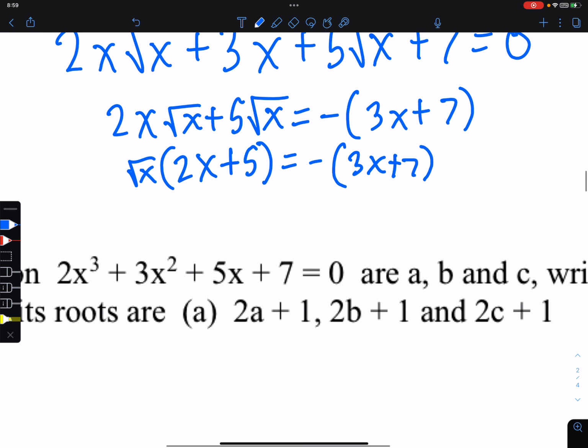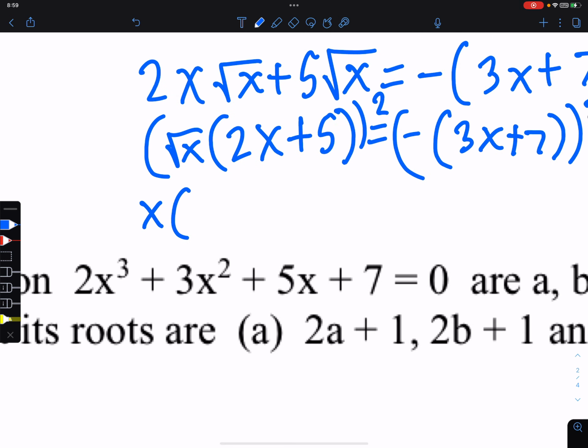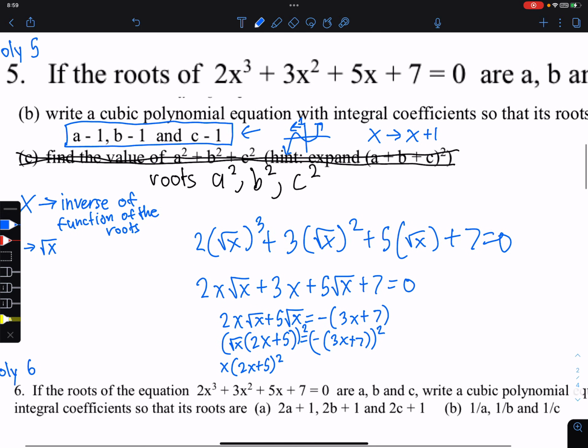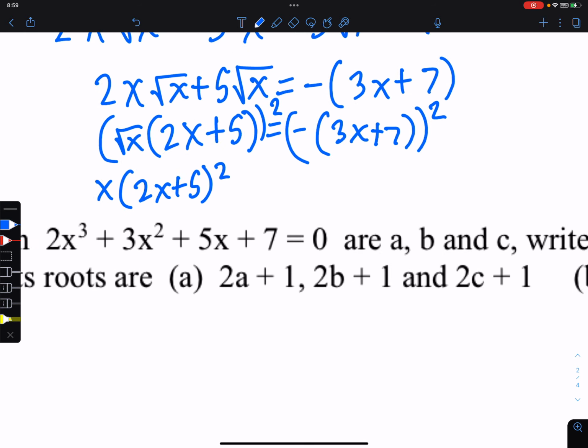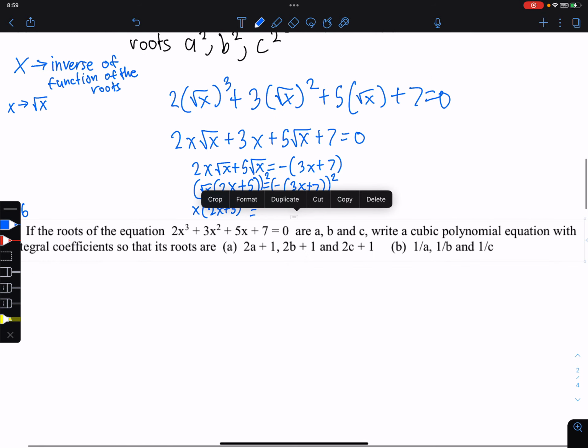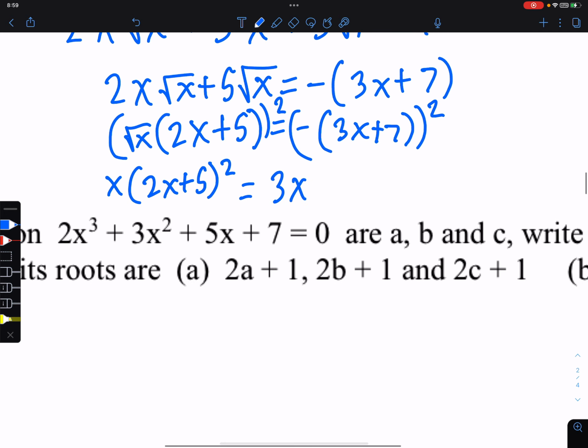So let's square both sides. So here we get x times 2x plus 5 squared. Okay. And then on the right side, we're just going to get 3x plus 7 squared.